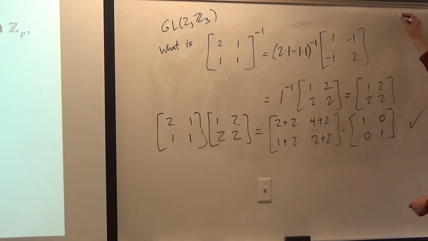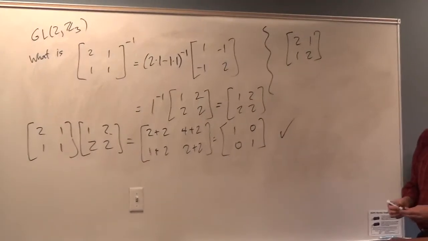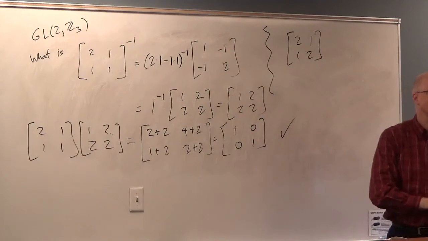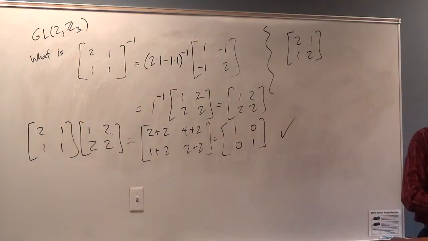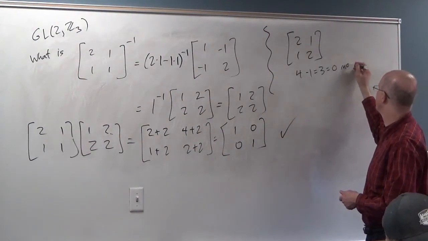Careful, again, some matrices could look invertible, but not be, like that matrix. That would be invertible if you're dealing with your usual matrix operations, but we're doing matrix operations mod 3. The determinant of this is 4 minus 1 is 3 is 0 mod 3.